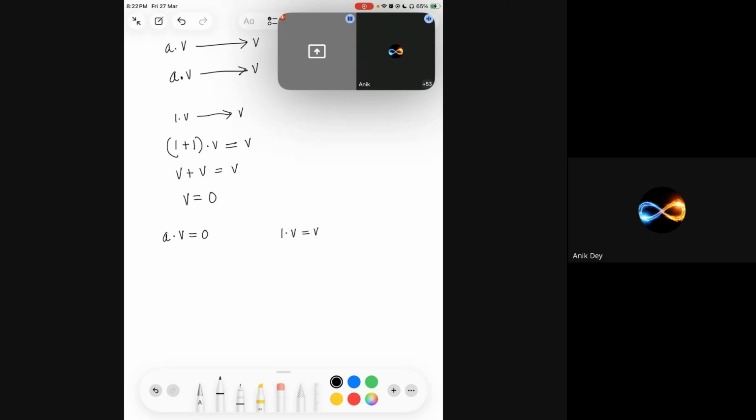But I did not get what you were trying to say. 1·v to its identity means? You can see if G contains only e, but that is a very specific case, right? So are you saying that every element except identity maps to 0? No, I am saying that if the group contains only the identity element, then everything works. So that is fine, right?